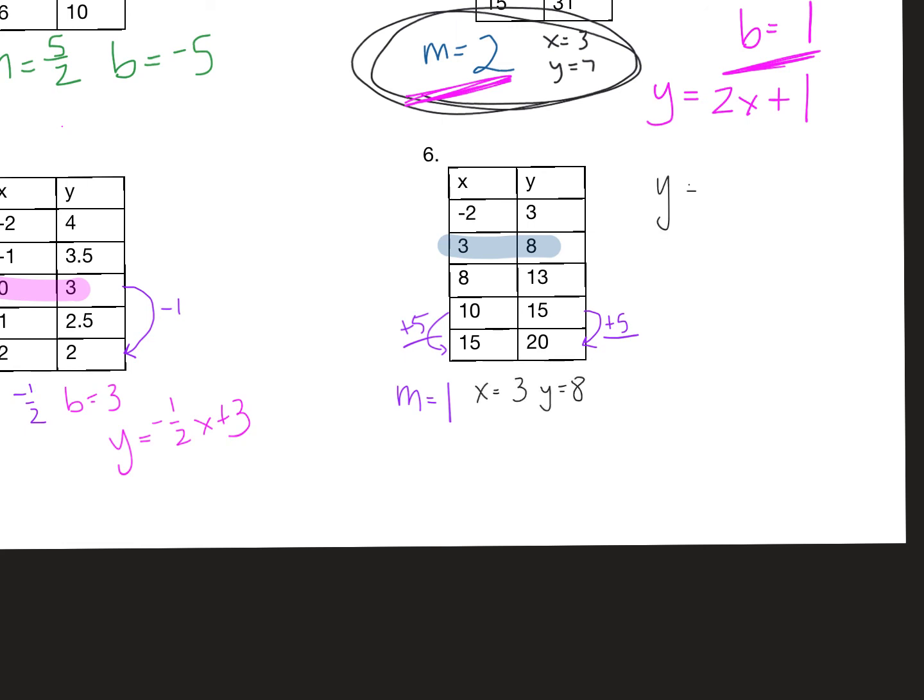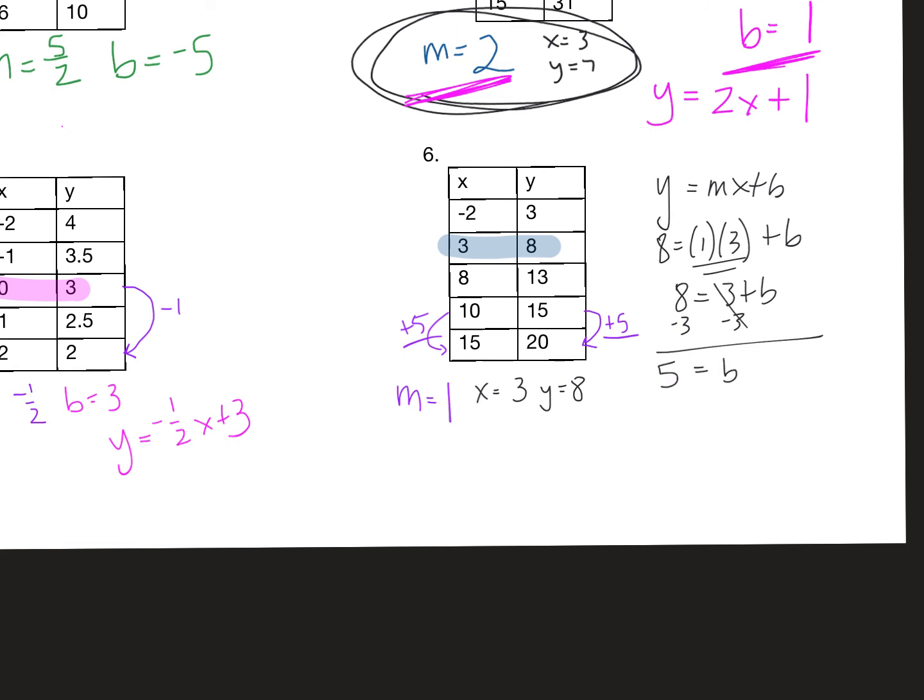When I plug into this equation the y, the m, and the x, I should be able to figure out what b is. Here we go. Y is 8, m is 1, x is 3. Multiplying that together, I get 8 equals 3 plus b. And then subtracting 3 from both sides, I get that b is 5.